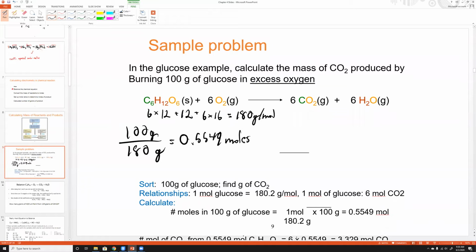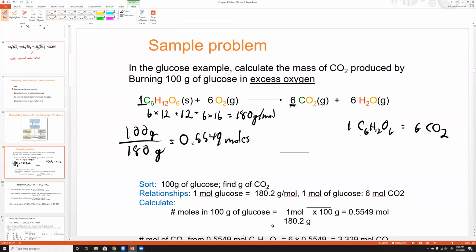All right. So now, once we know the moles of the reactant in this case, but it could be product, could be anything different. Once we know the moles of whatever we're dealing with, let's look at the question. Calculate the mass of CO2 produced by burning 100 grams. Let's look at the molar ratio of glucose to CO2. You see that 1 mole, this is a 1, whenever there's no coefficient, it's a 1. 1 mole of glucose reacts to produce 6 moles of CO2. This means 1 C6H12O6 equals 6 CO2.